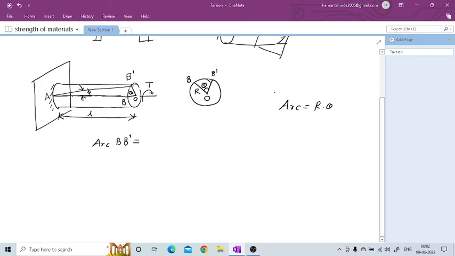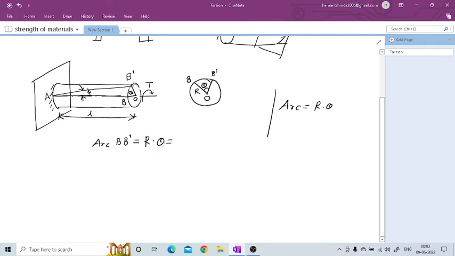So I am going to use this formula, arc is equal to radius into angle. So from this cross section you can say that this arc BB dash will be R into theta, that is radius into angle.